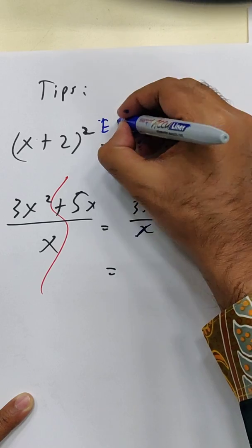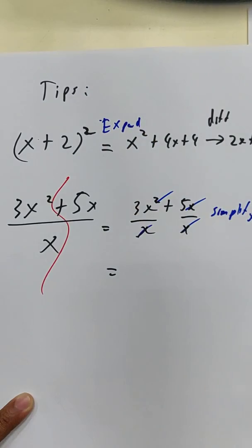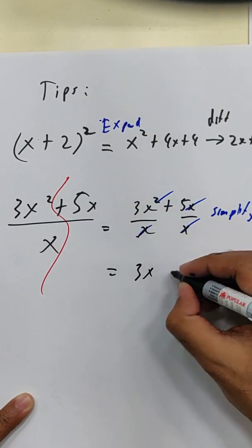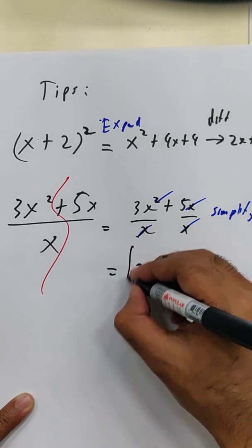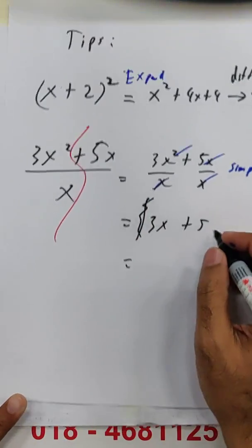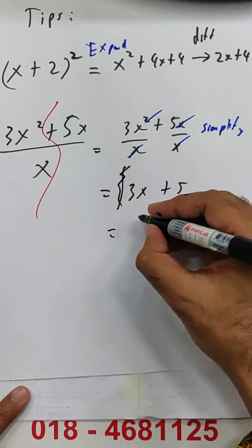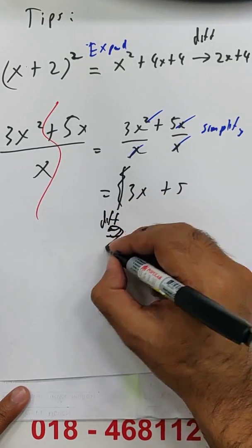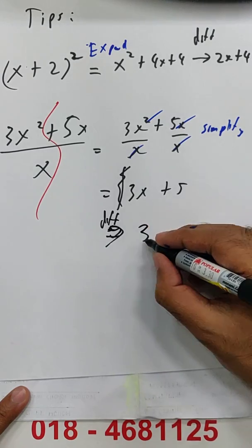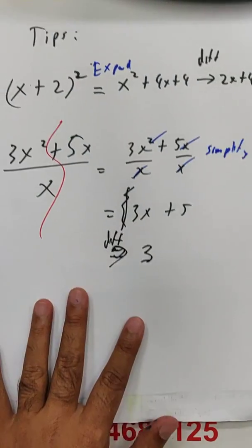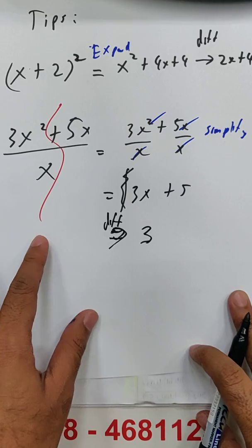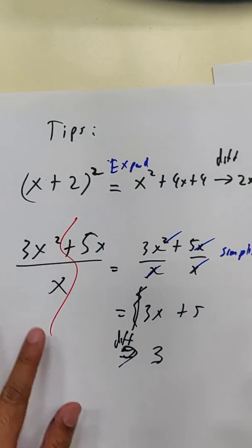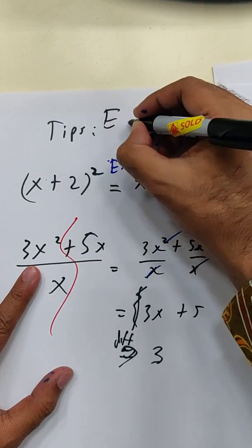This one here we expand. 3x plus 5, sorry. Then only you differentiate. So the tip for calculus will be: expand and simplify first.